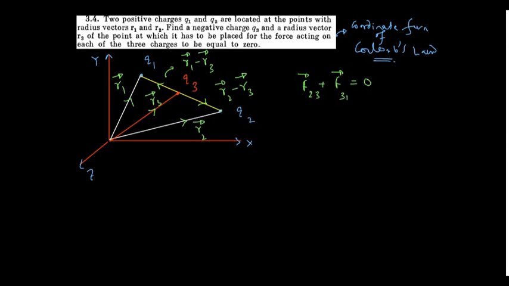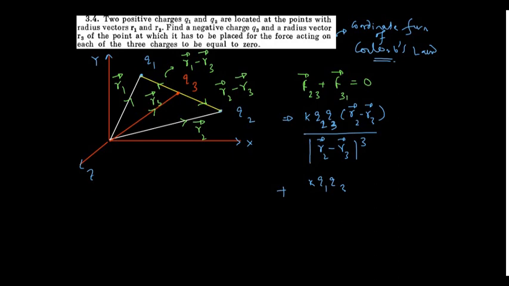So if I write now, I will write K q2 q3 into r2 vector minus r3 vector divided by, if you remember properly, mod of r2 vector minus r3 vector whole cube, plus K q1 q3 into r1 vector minus r3 vector divided by mod of r1 vector minus r3 vector whole cube is equal to 0. All right, fine.